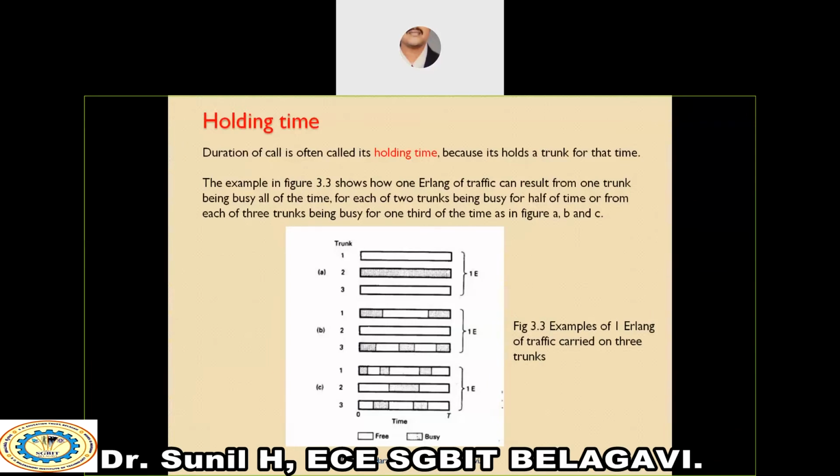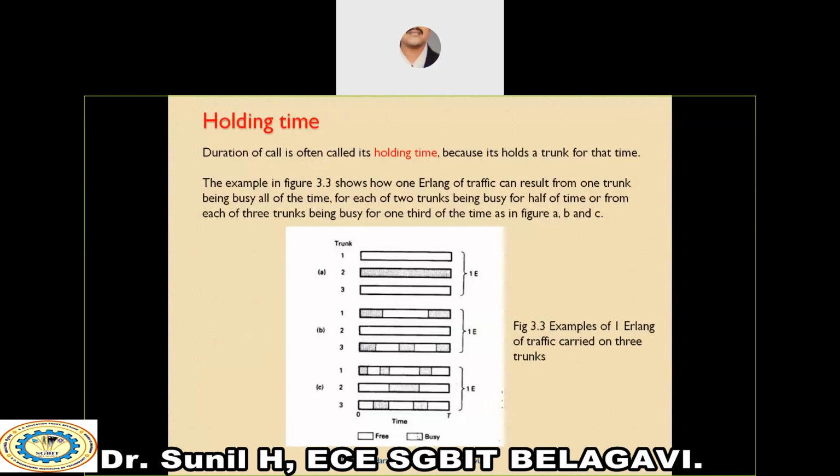So these are some examples of how 1 hour of traffic is carried on three trunks. You can see the notations below the figure, where blank represents a free trunk and shaded gray denotes busy status.